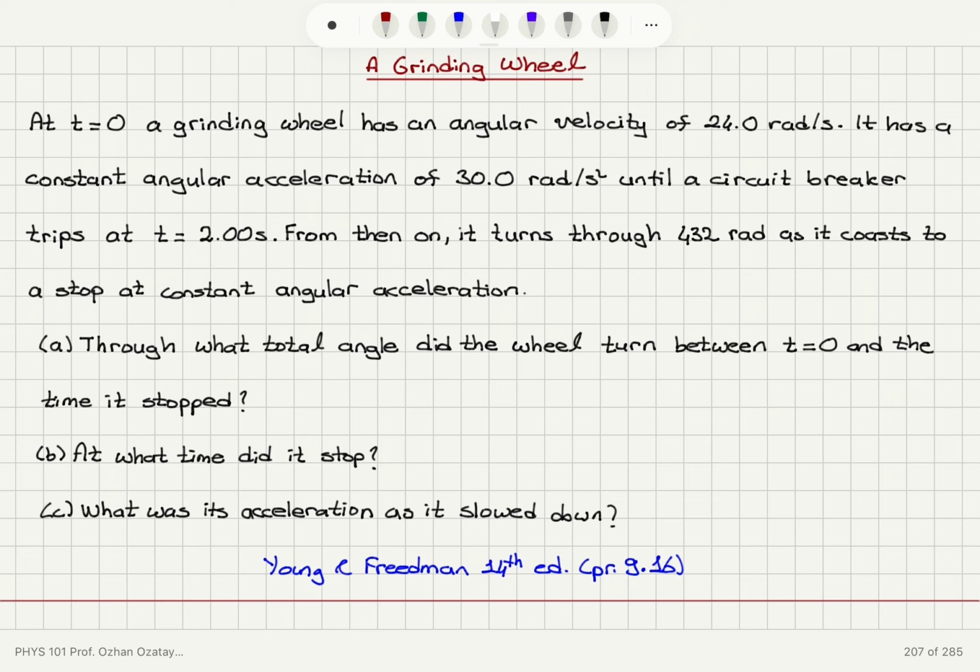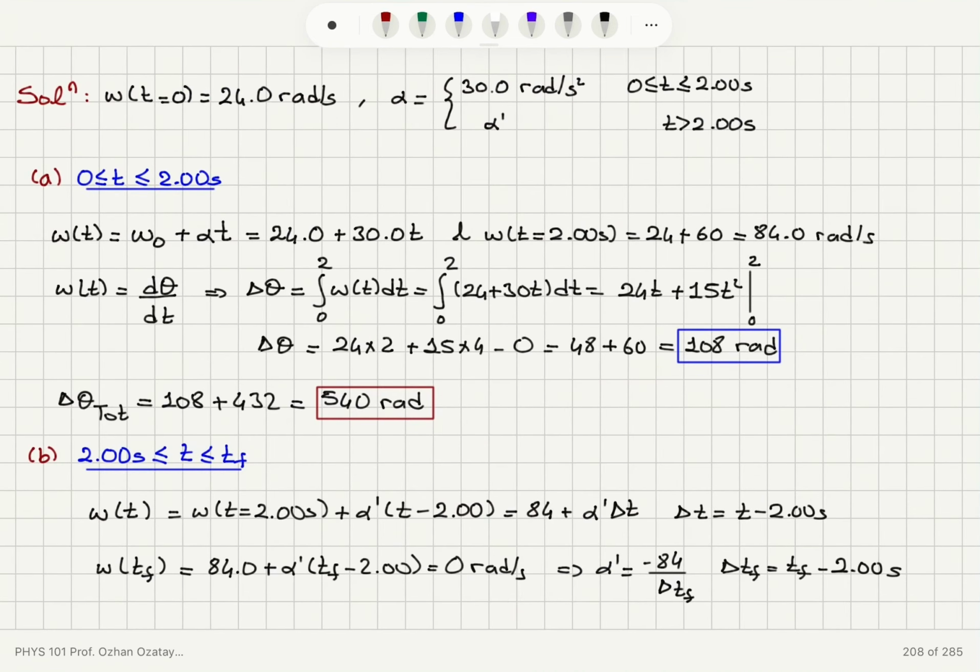And we know that at t equals 2 seconds, when the circuit breaker trips, the angular acceleration changes and it turns through 432 radians until it stops at time t final. So we want to know through what total angle the wheel has turned, at what time it stopped, and what was the acceleration that caused it to slow down.